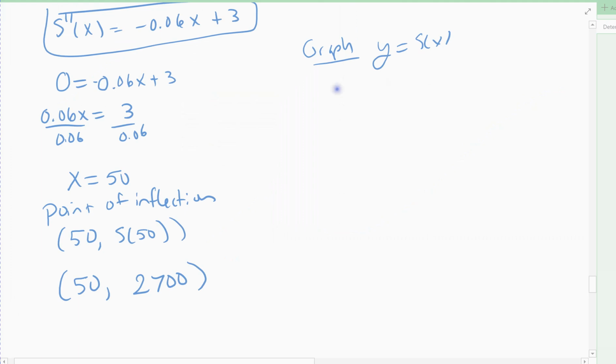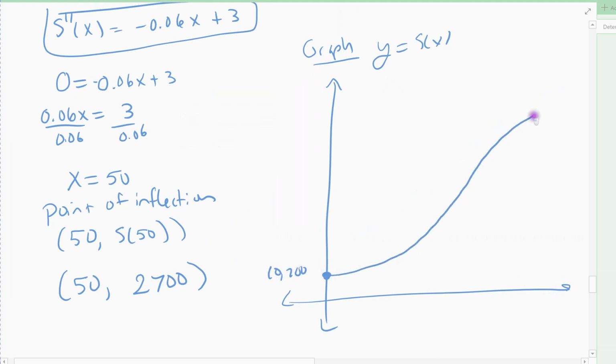All right, so now the graph. We start here at 0, 200. It kind of has this S shape, moves up. Stopped at 100, 5,200. In the middle was that 50, 2,700.